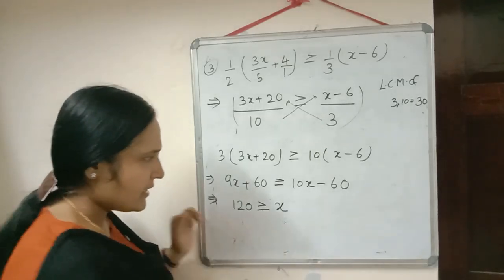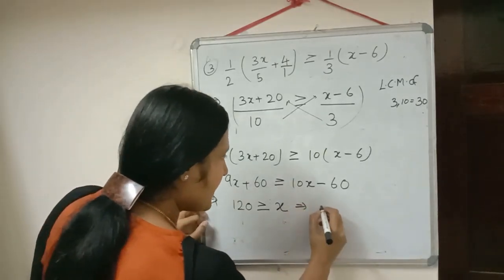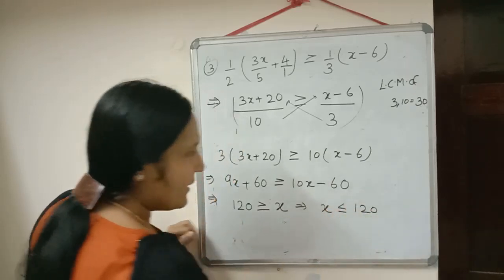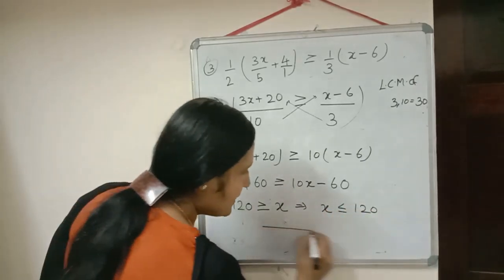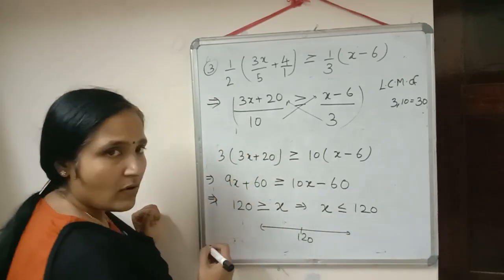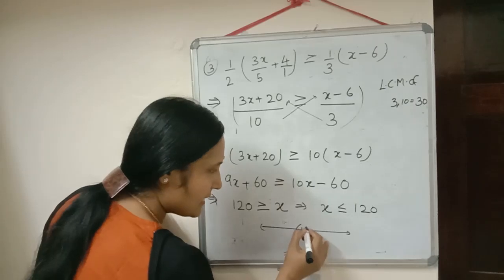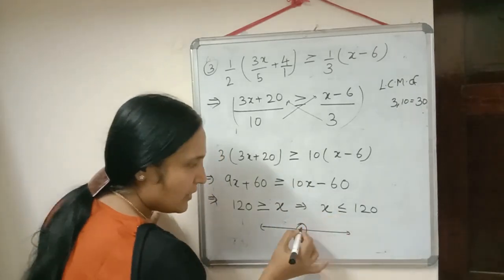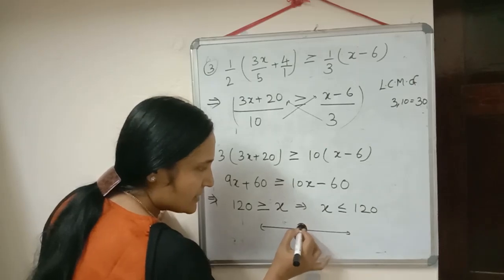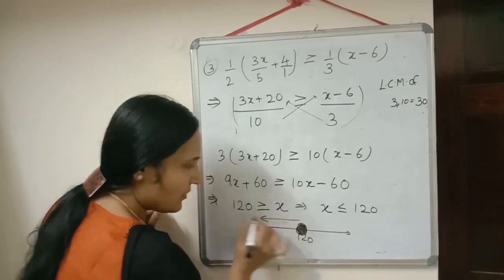So here you can check. If you want, you can write x on the left hand side: x is less than or equal to 120. If you draw the number line, it will come in this way. 120 here, and x will take all the values. Draw a circle there; if it is equal to, then shade the circle and draw an arrow mark.